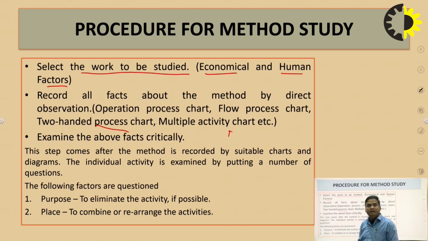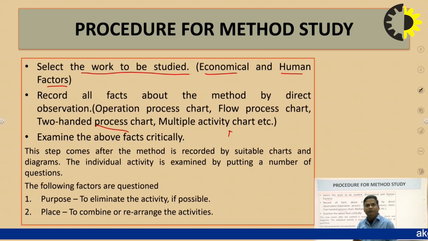Economical means if management feels that we are getting some profit or we will save money by implementing the new policy, new method, then only management will support this procedure for study over a particular area or a particular job. Then human factors.